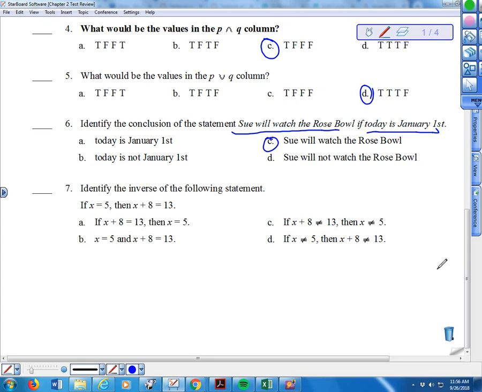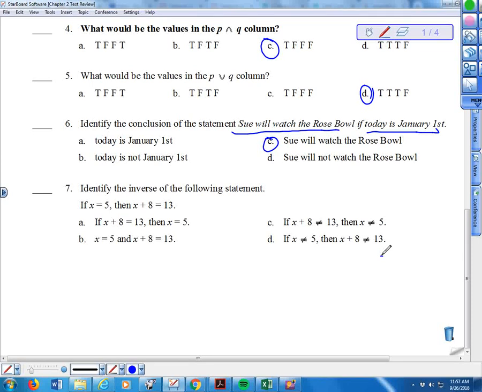Yep. So if I wanted to find the inverse, if x equals 5, then x plus 8 equals 13. The inverse would be if x is not equal to 5, then x plus 8 is not equal to 13. So C. Yes. The converse would be if x plus 8 equals 13, then x equals 5. And the contrapositive, you flip them both and make them both not.